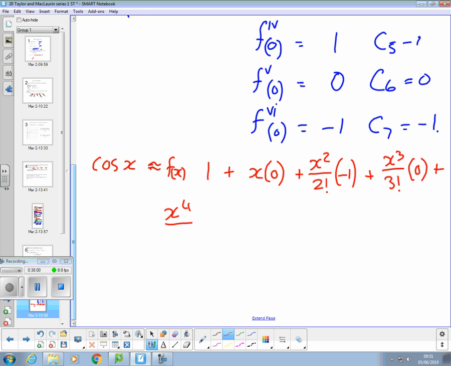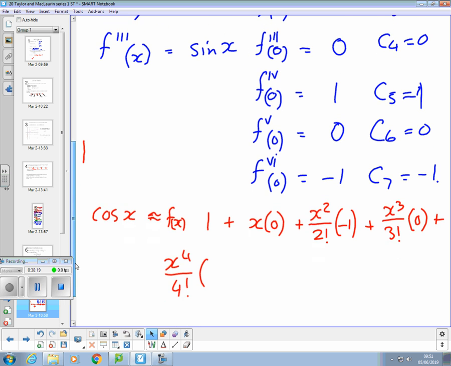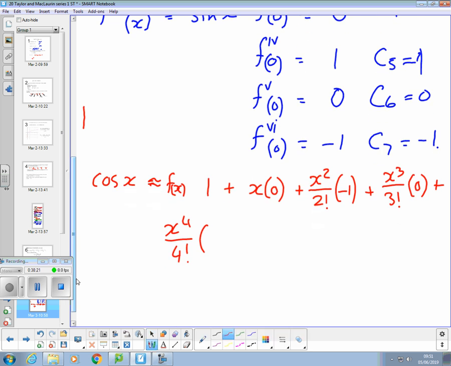The x to the 4 term over 4 factorial, that should be equal to 1. Minus 1, 0, 1 plus x to the 5 over 5 factorial times 0 plus x to the 6 over 6 factorial times minus 1.